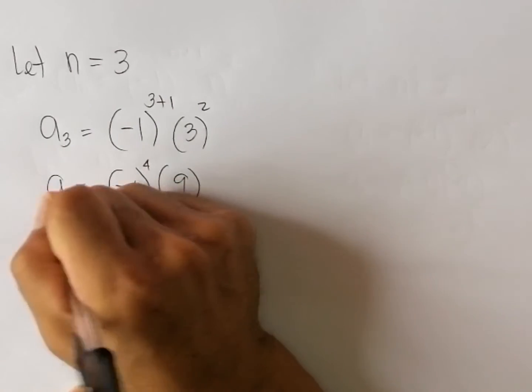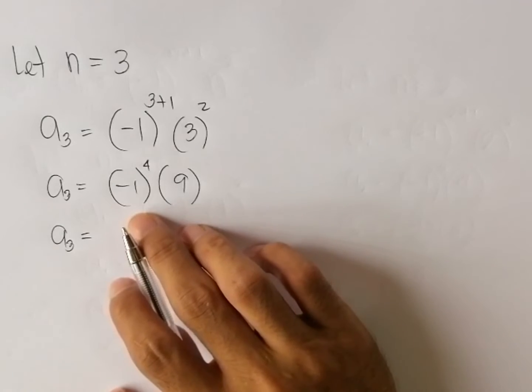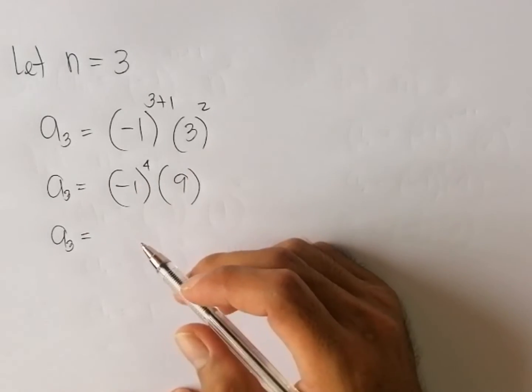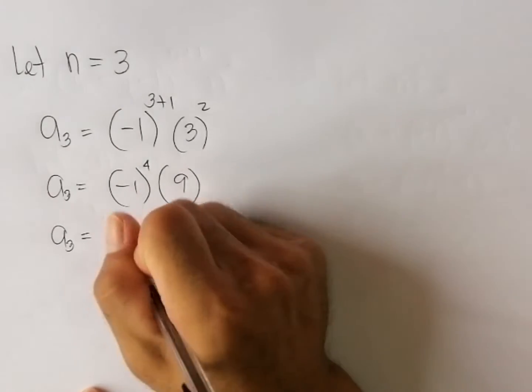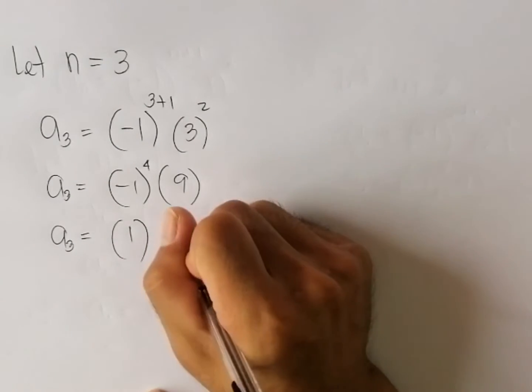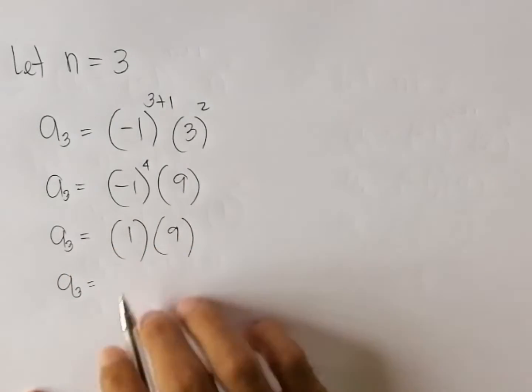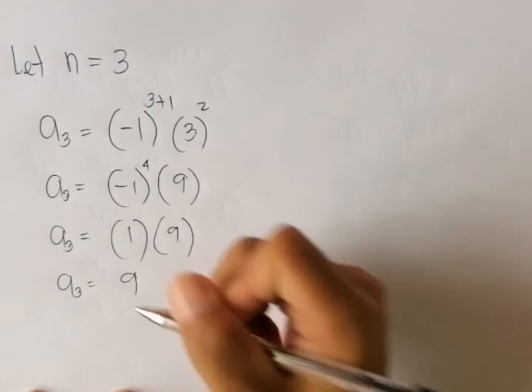So a sub 3 is equal to the quantity of negative 1 raised to the power of 4, that is positive 1, times 9. Then a sub 3 is equal to 1 times 9, that is equal to 9.